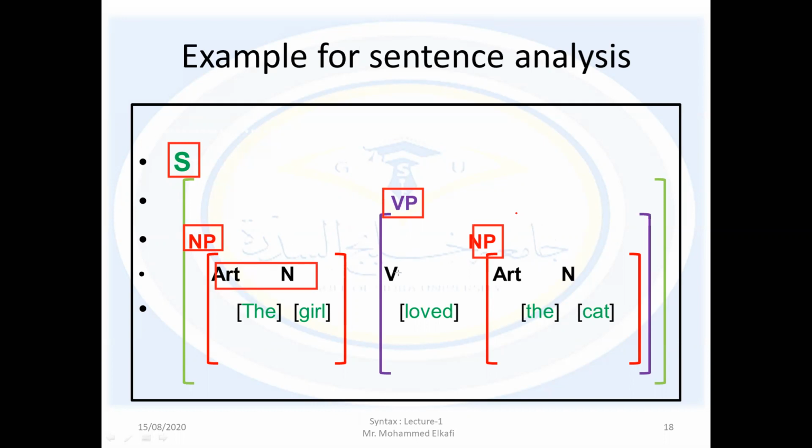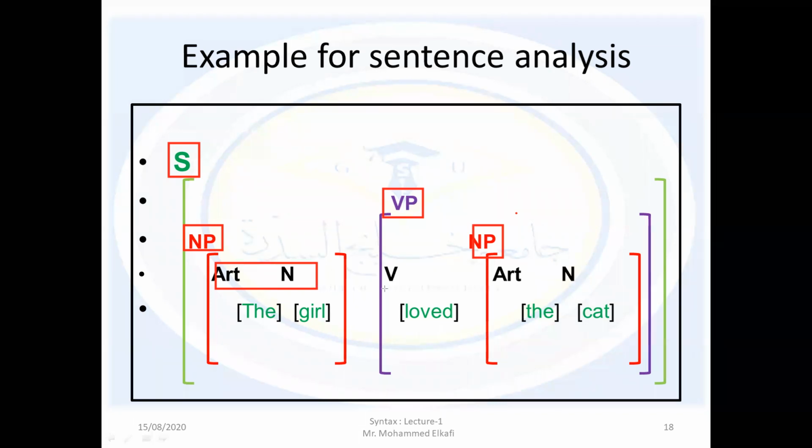Here we talk about some other component, which is the verb and the noun phrase, as you see in this example.